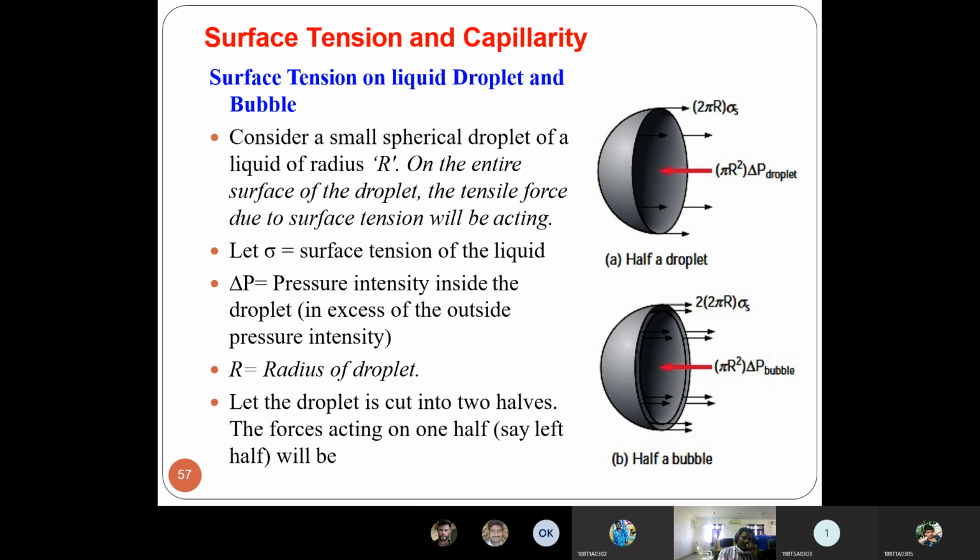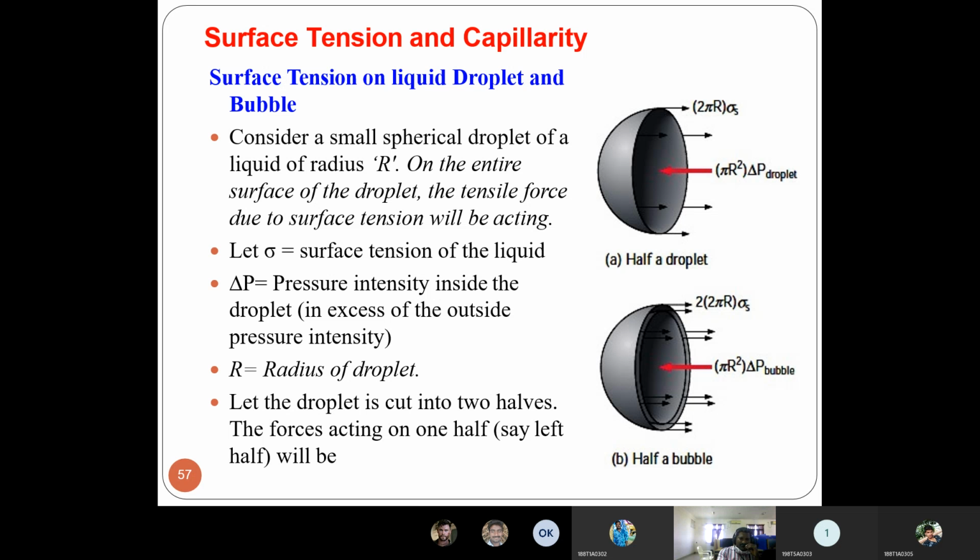If r is the radius of this droplet, what is its circumferential length? 2 pi r. Sigma s is the surface tension. This surface tension is acting on the surface of this liquid, along the circumferential length of its surface. So surface tension is nothing but tensile force by length.